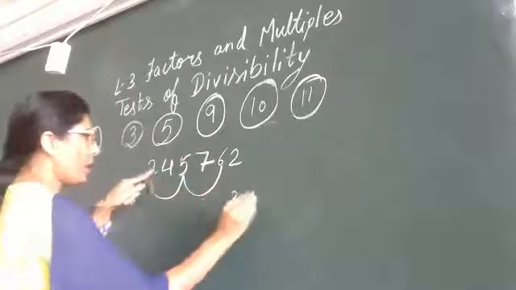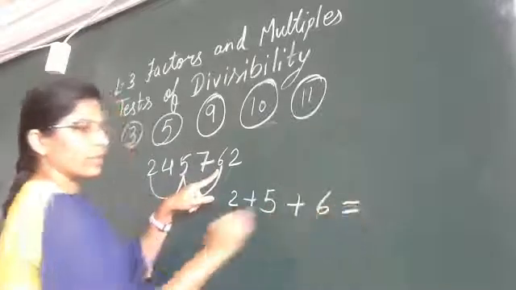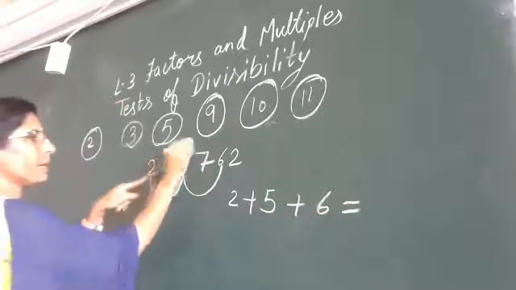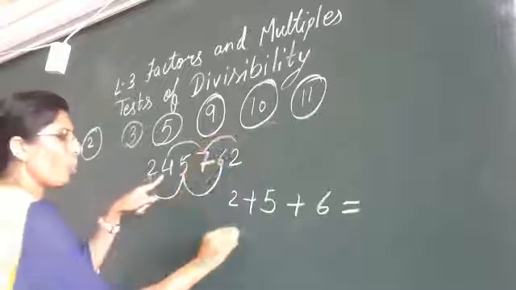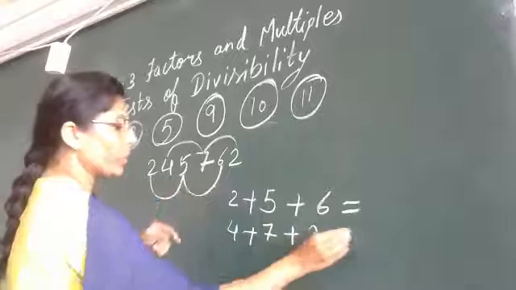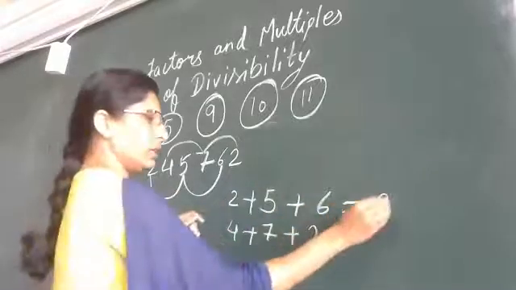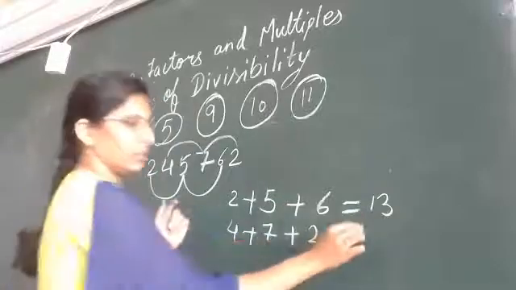So 2 plus 5 plus 6, and the remaining numbers 4 plus 7 plus 2. Add this. 30.